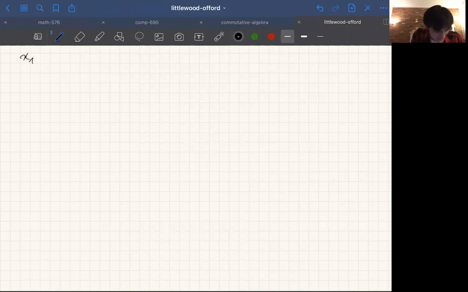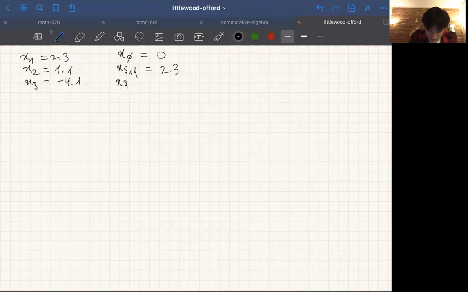So say x1 is equal to 2.3, x2 is equal to 1.1, x3 is equal to minus 4.1. One of them is minus, and we're saying that if we replace that, then nothing changes. But first of all, what are the 8 different sums? There's 2 to the 3 different sums. We have the empty set, that's always 0. If we just take 1, that's x1, so it's 2.3. x2 is 1.1, and x3 is minus 4.1.